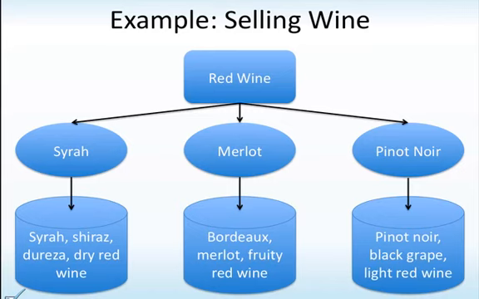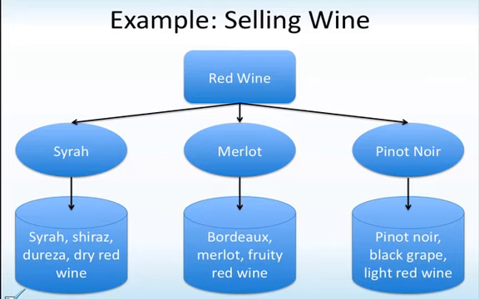To each of these ad groups, you're going to attach the keywords that correspond to each of them. So for example, for Syrah, obviously you want to use the word Syrah because that's the name of your product. But then you're going to use Shiraz, which is a variant of Syrah. You can add Dureza, which is the name of the grape, and also maybe a category brand term such as dry red wine because Syrah is usually dry.